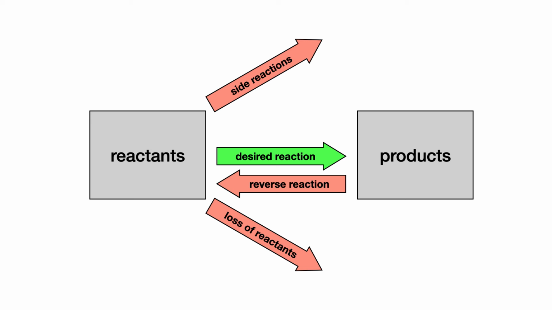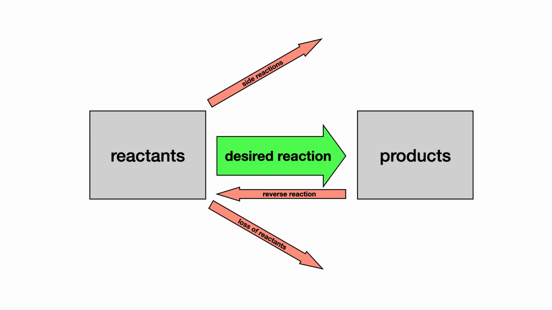Now, normally when we're trying to do a chemical reaction, we will try to set things up to minimize these side processes and get as much as possible of the desired reaction. But you can almost never completely eliminate these other processes, and so you'll almost never get all of the yield of products that you could theoretically.